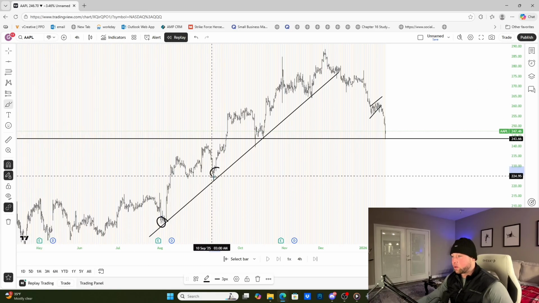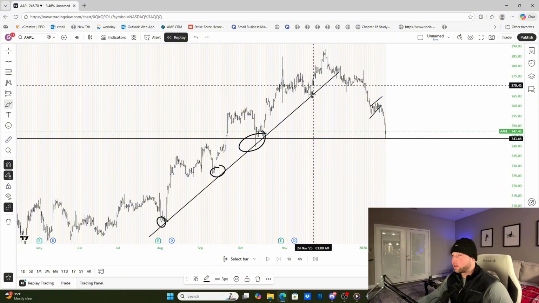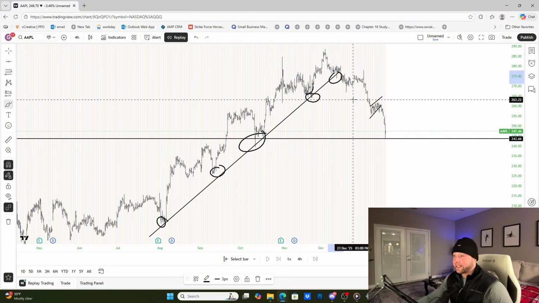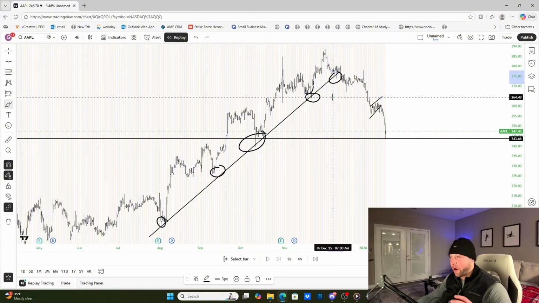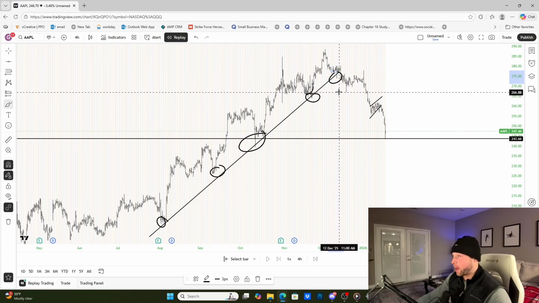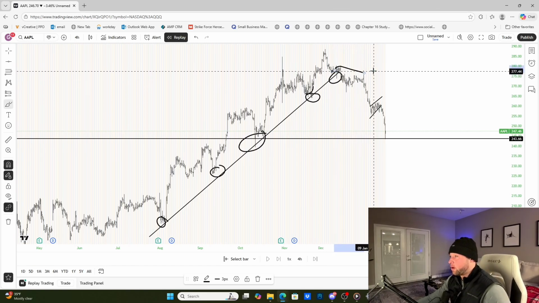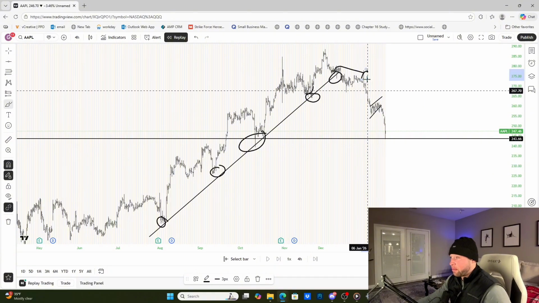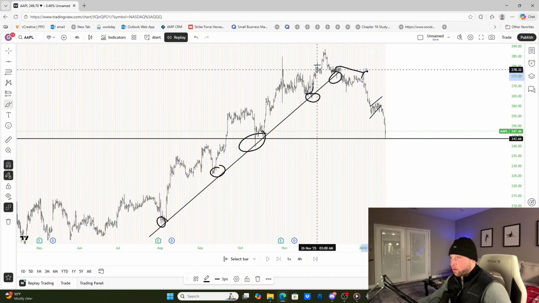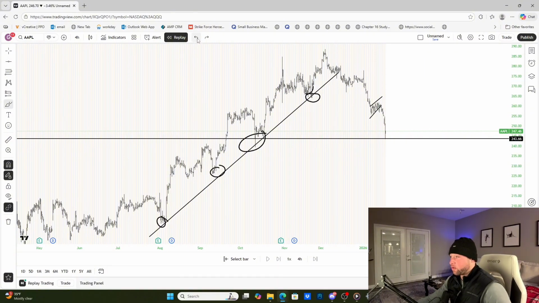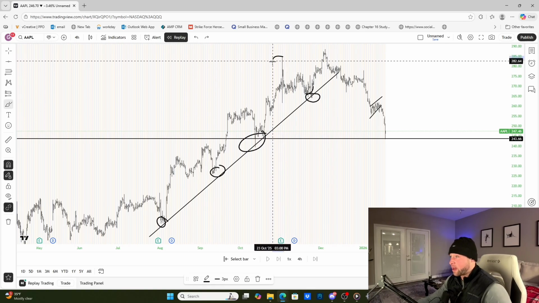Once here, twice here, once here, once here. At least 6 touches. That's a very strong trend line in the market that we have in place. And what happens? Well, we broke through that trend line. Price failed to make higher highs, and the trend reversed.